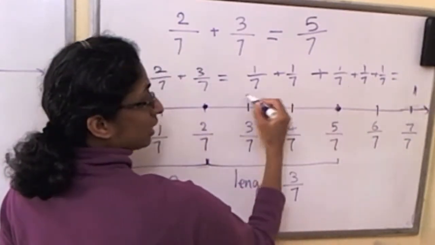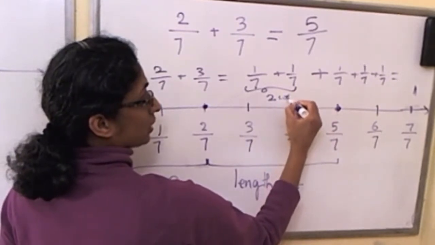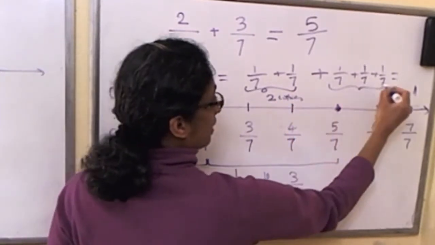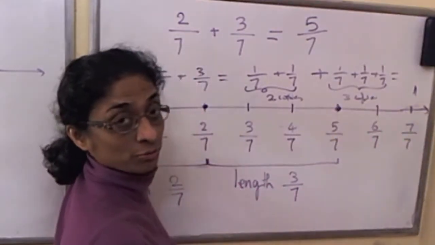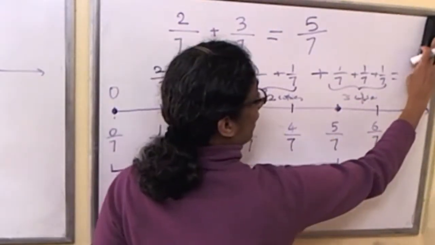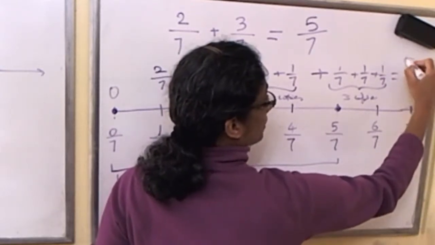So if you do that, how many total copies do you have? Here's your 2 copies, and here's your 3 copies. So that is 5 copies of 1 over 7. Another name for 5 copies of 1 over 7 is really 5 over 7.